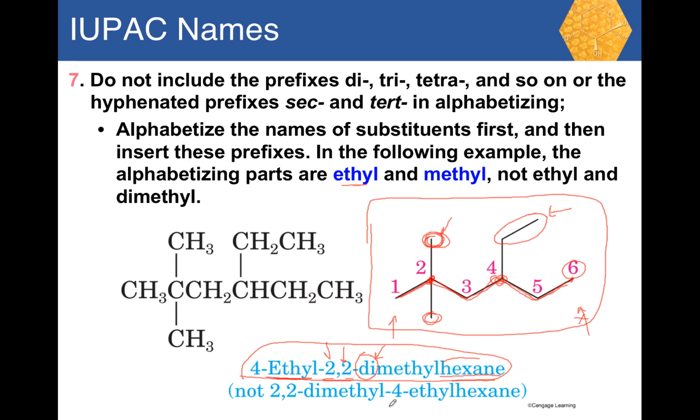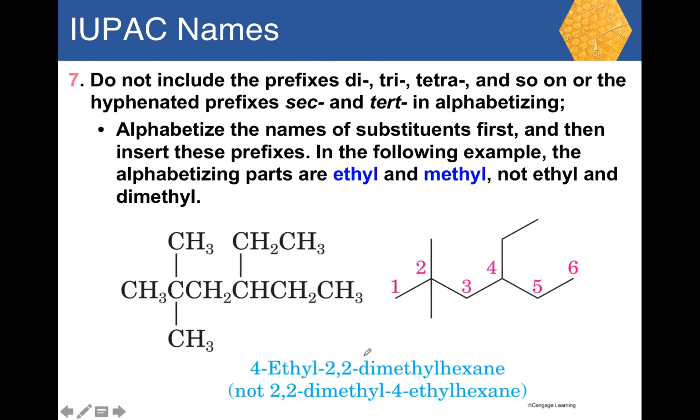What I should point out here is, notice this is an E and this is a D. Let me go back and clear this so you can see it. So one may be asking, why don't we put dimethyl first, because D comes before E? And the answer is that the M is really the letter that determines the priority in naming.